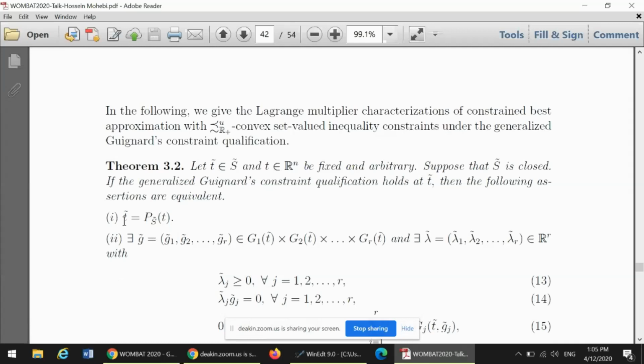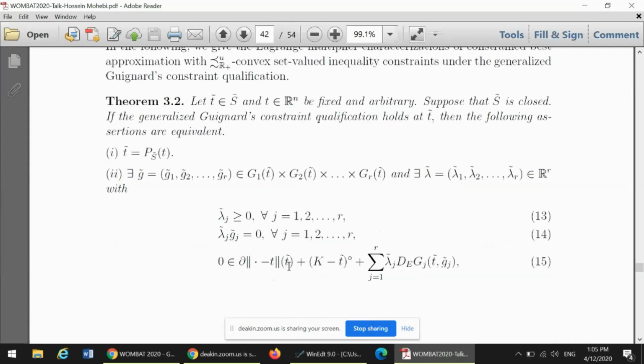T tilde is the best approximation of T in S tilde if and only if there exists a G tilde in the product of constraint mappings and there exists a lambda tilde such that this relation holds. In fact, these are KKT conditions. The objective function here is the norm function. And lambda j of T tilde are called Lagrange multipliers here.